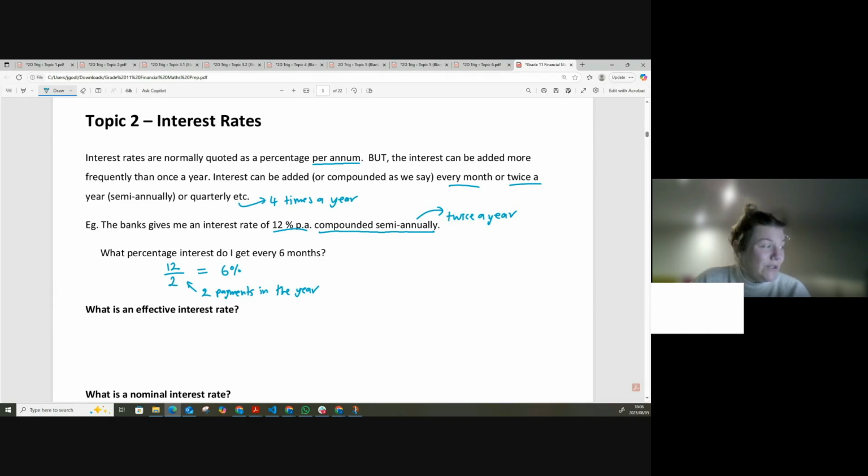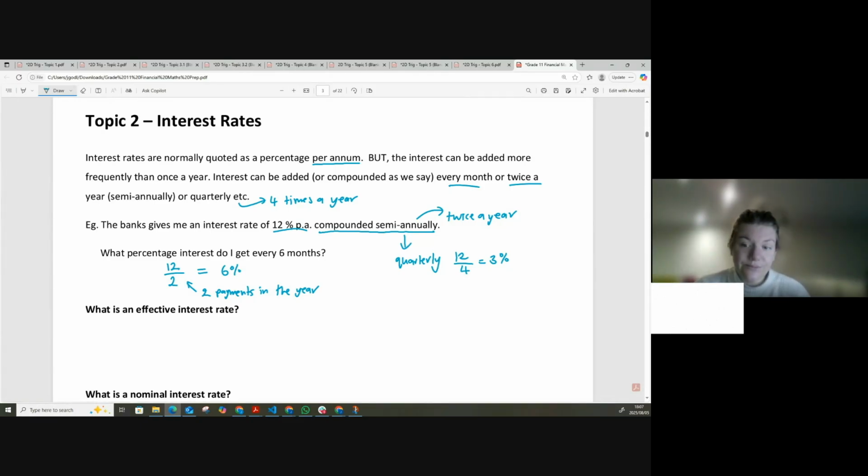Before I move on to effective and nominal interest, does that make sense? Or does that not make sense? If this said, instead of semi-annually, if this said quarterly, then I would take that 12% and I would divide it by 4, and I would see that I'm going to get 3%, and it's going to happen 4 times a year.